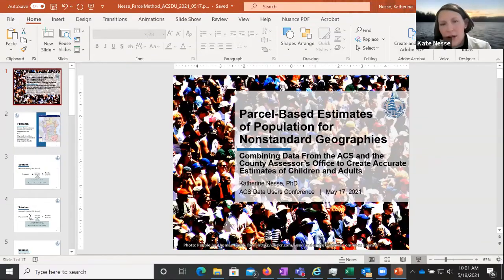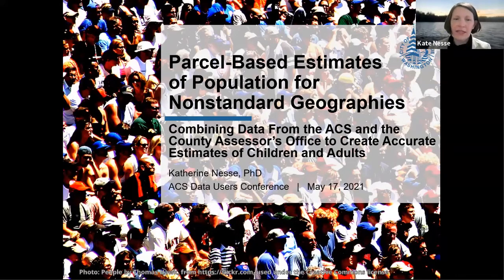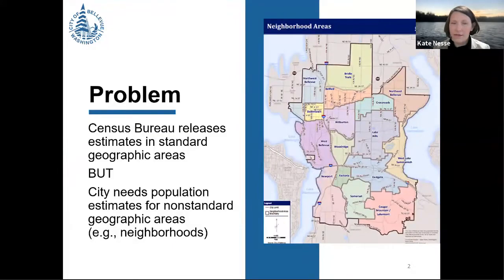All right, so as Sean said, my name is Kate Nesi, and I developed a method for estimating population based on parcels for non-standard geographies by combining the American Community Survey information with data from the County Assessor's Office. And this is an age-old problem that many of you probably have encountered in your own jurisdictions.